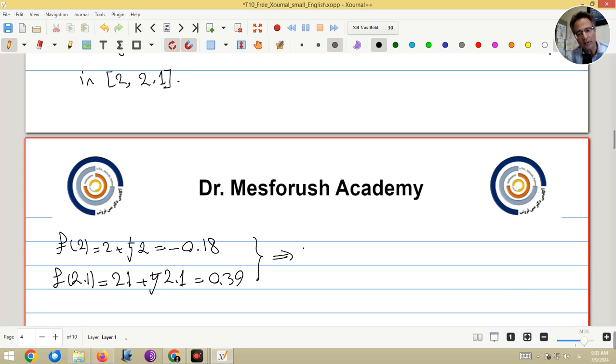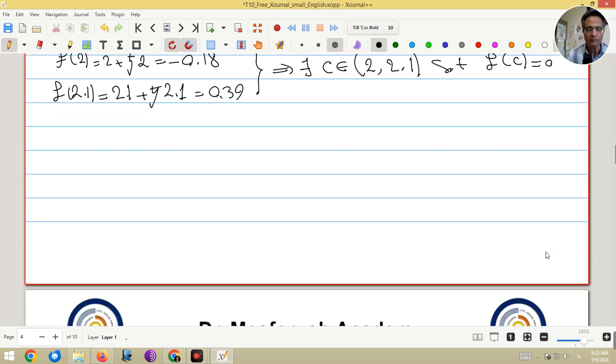These two give that there exists c in the interval 2 to 2.1 such that f(c) is equal to 0.